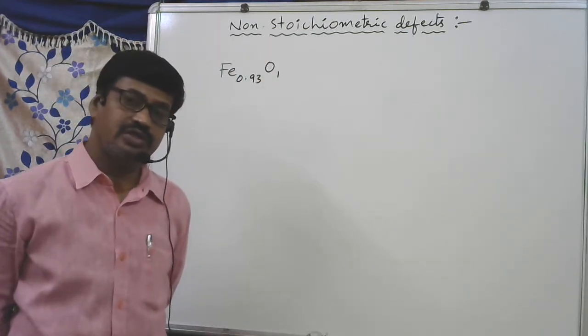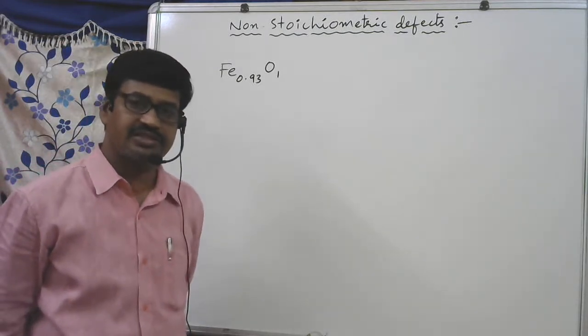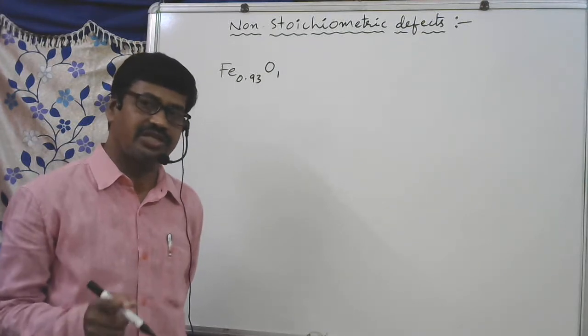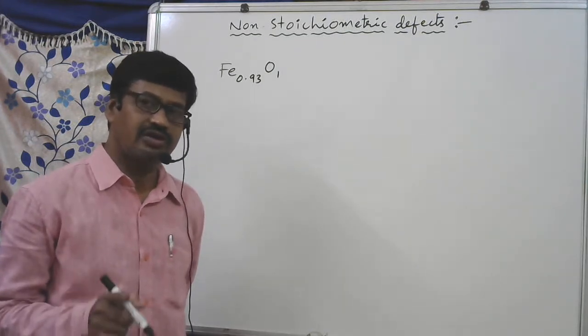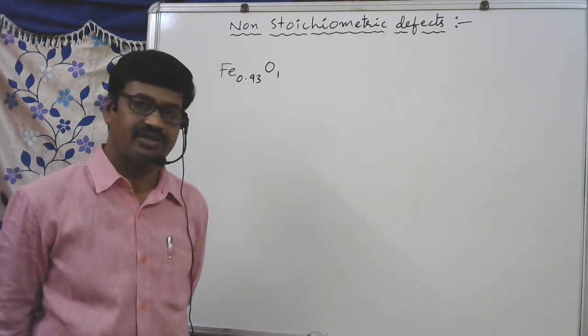So due to missing of some cations or due to missing of some anions, otherwise both, if it disturbs the stoichiometry of the compound or crystalline solid, we can say it is non-stoichiometric defect.